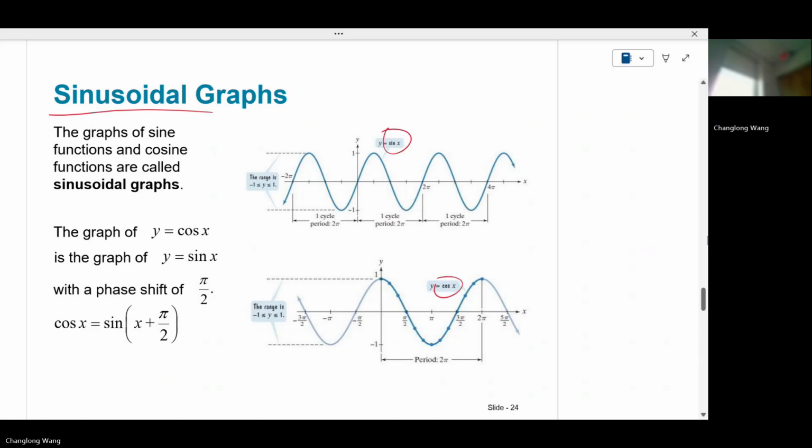Which is negative to positive infinity, so all real numbers, right? Or whatever you call it, but they have the same domain. They have the same range? Yes, right? From -1 to 1. They have the same shape, pretty much, right? Yeah, they have pretty much everything shared in common.